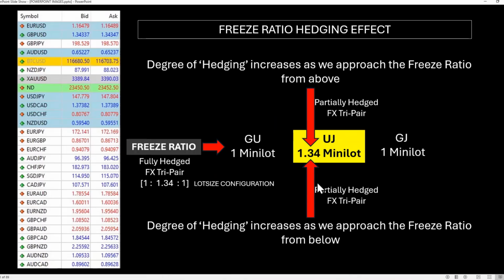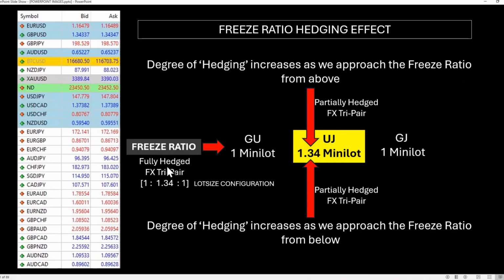As you get closer from above, assume you have 1.45, assuming this is 1 mini lot and this is 1 lot, but let's assume this is 1.45. As the lot size gets smaller and smaller, as it diminishes and gets closer to 1.34, the more you're going to be fully hedged.